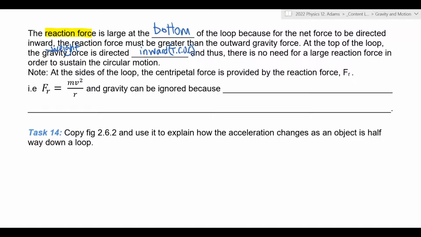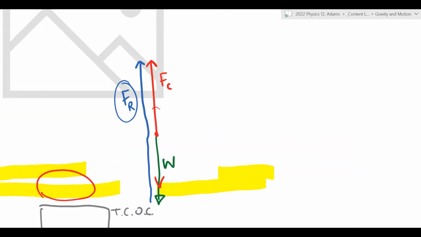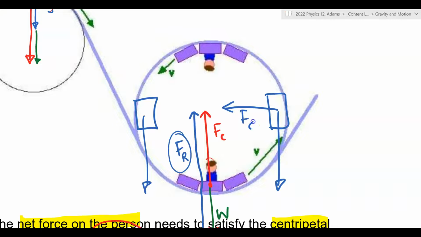So, note, at the sides of the loop, we're talking about here and here, right? That's in the previous page. At the sides of the loop, we can ignore gravity, in terms of the reaction force anyway, because it's perpendicular to that centripetal force at that instant.